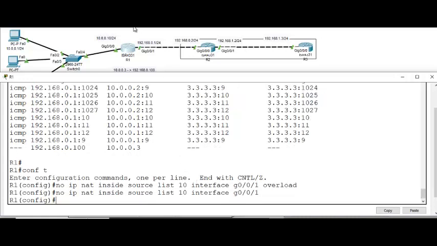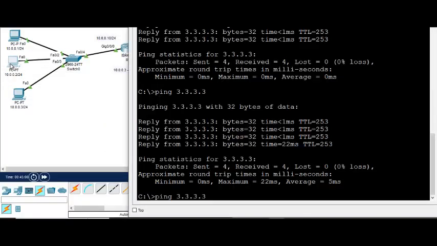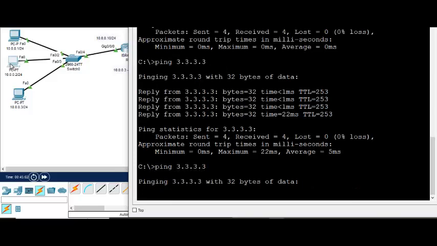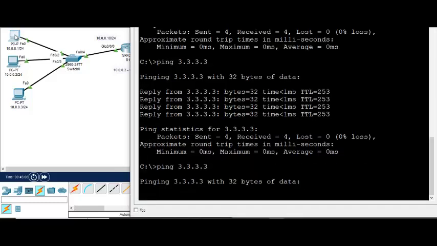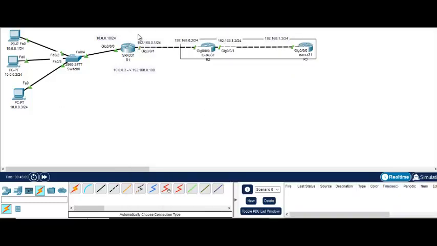192.168.0.226. This is the pool that I need to create first. 5 addresses. What is the access list number? 10. Don't forget that. Let's create the pool. IP NAT pool.